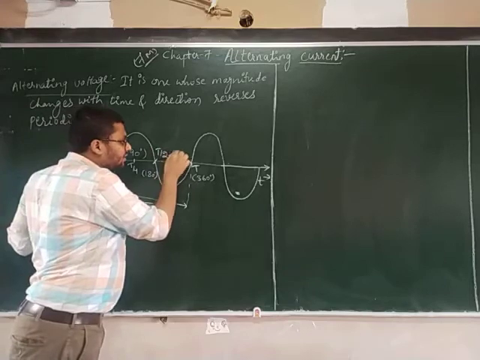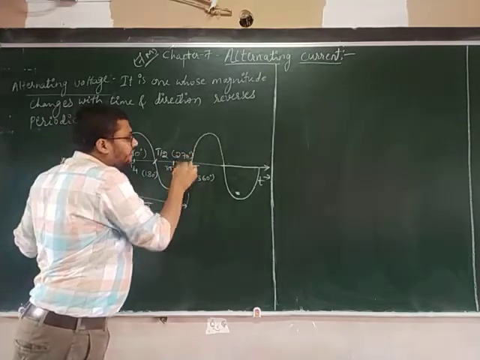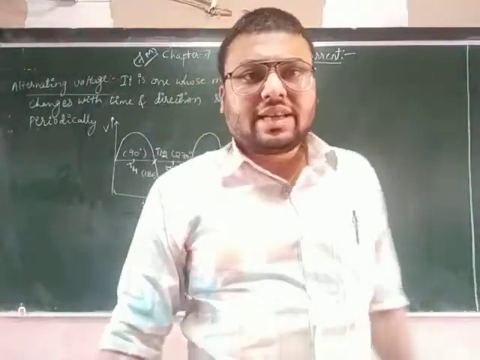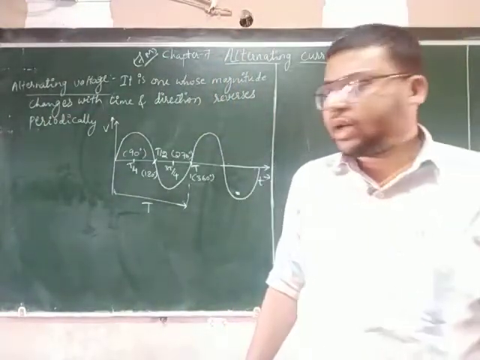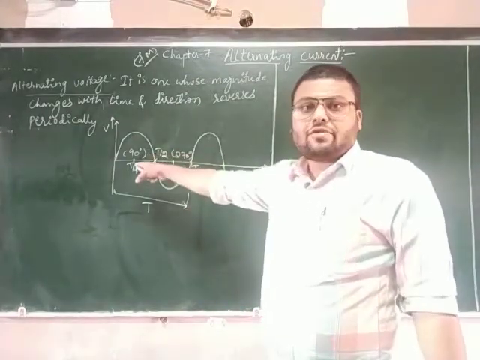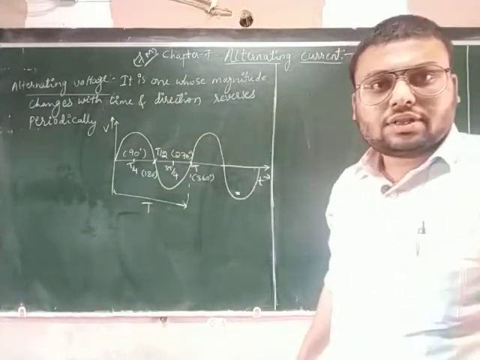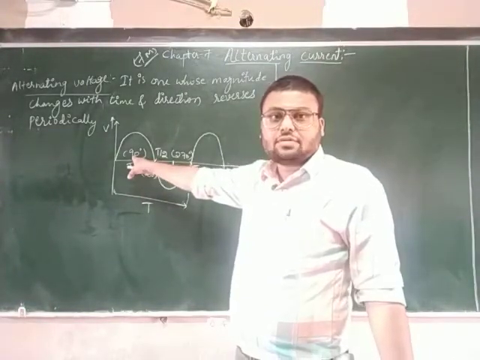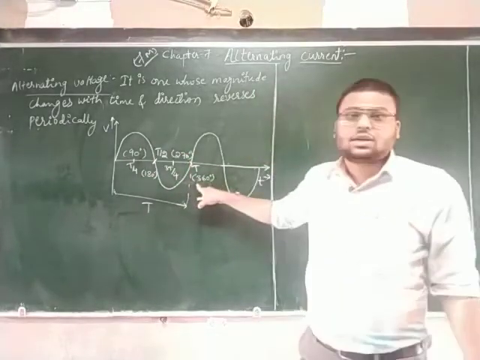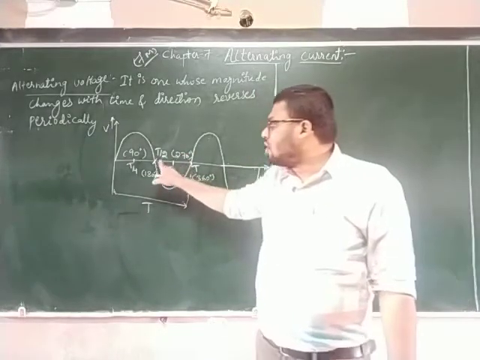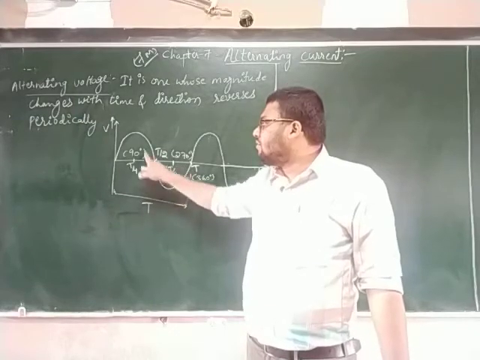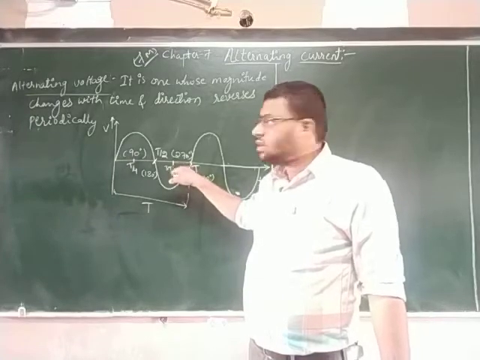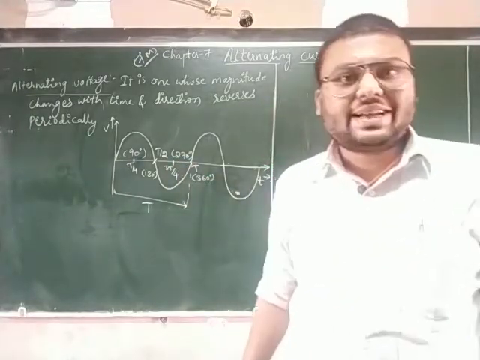And from here 270 degrees. Please use earphones for clear audibility. For quarter cycle, if you want it in terms of an angle, you can call it the phase angle also. So for quarter cycle 90 degrees, because for one complete cycle the angle will be 360 degrees. For half cycle, the angle will be 180 degrees. For quarter cycle, 90 degrees. And for this much, 270 degrees.